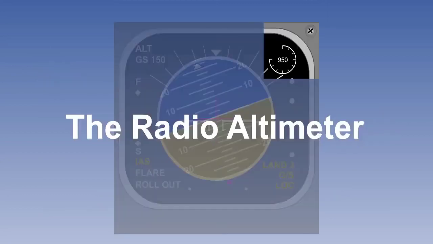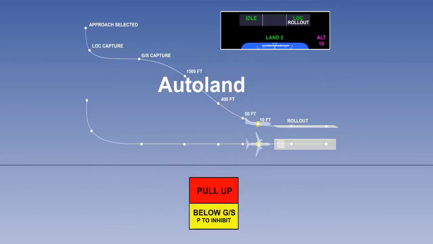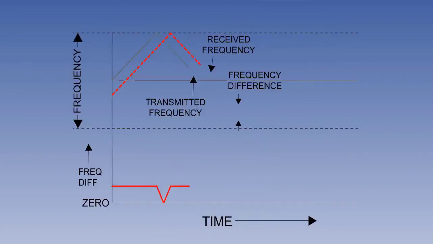Let's summarize this lesson. The radio altimeter measures the height of an aircraft above the ground to a very high degree of accuracy. It is also an essential input into AutoLand and the ground proximity warning system. In order to achieve the required high accuracy and minimum range, frequency modulated continuous wave signal is used.